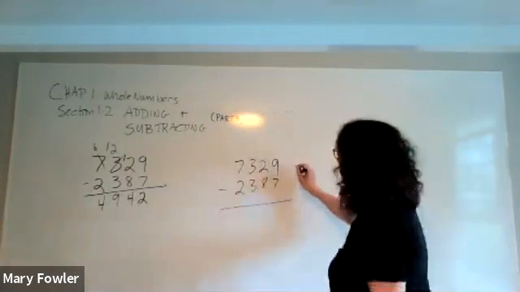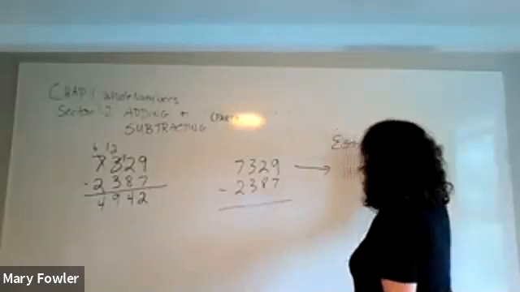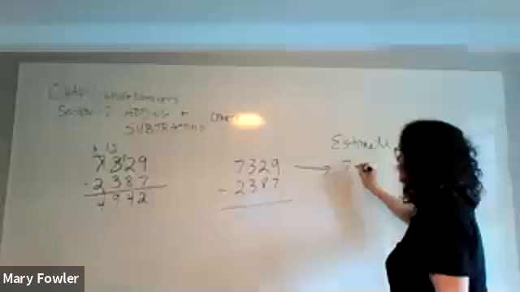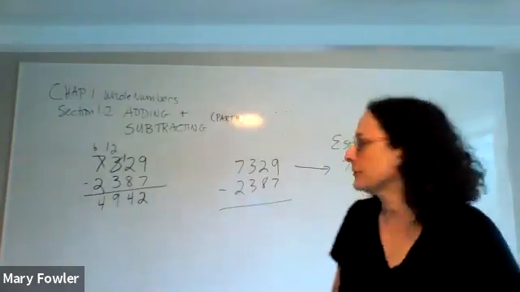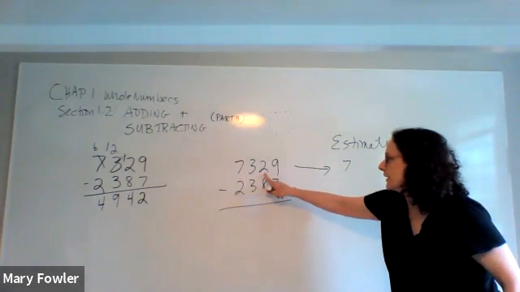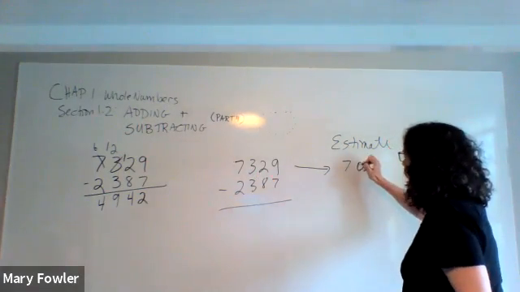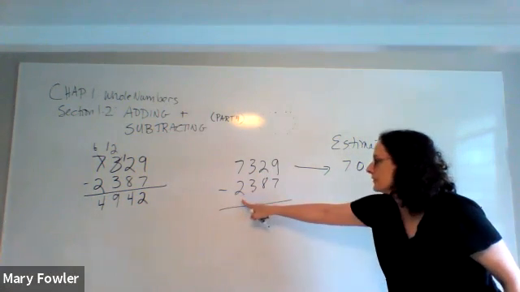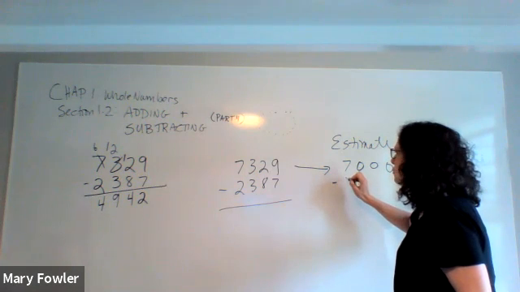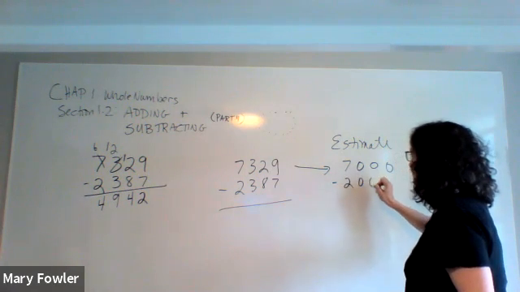The first number, my estimate, is about 7,000. 7,329 is close to 7,000, and 2,387 is close to 2,000.